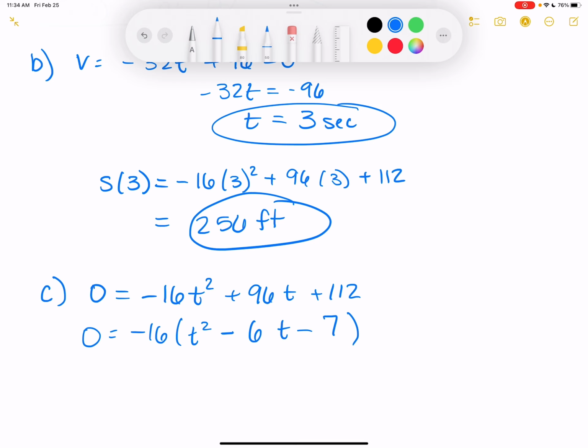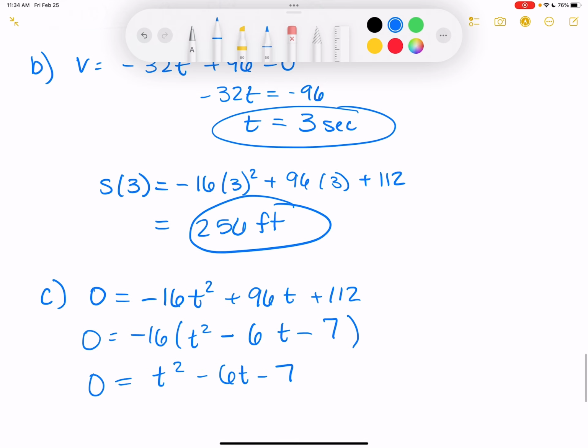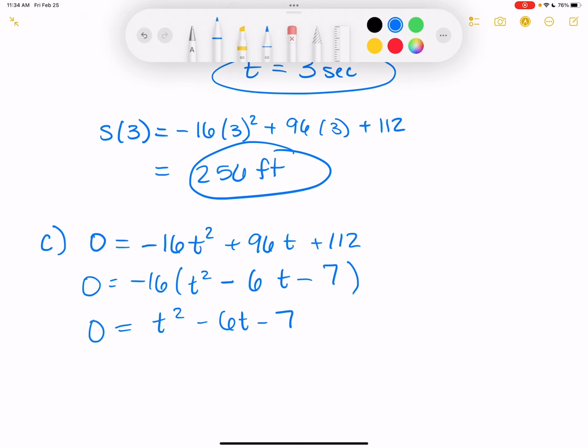All right, so I can get rid of this 16 altogether. So this is equal to t squared minus 6t minus 7. Yep, and then you can factor into t squared minus 7. Wait, yeah, minus 7.